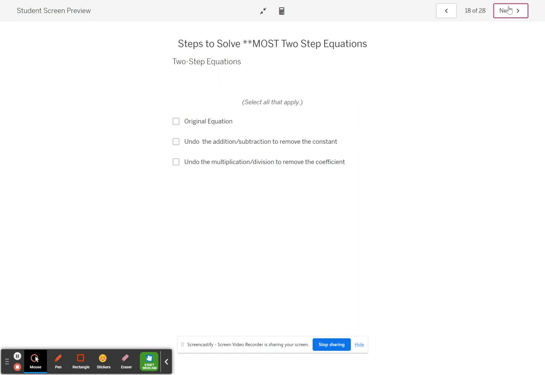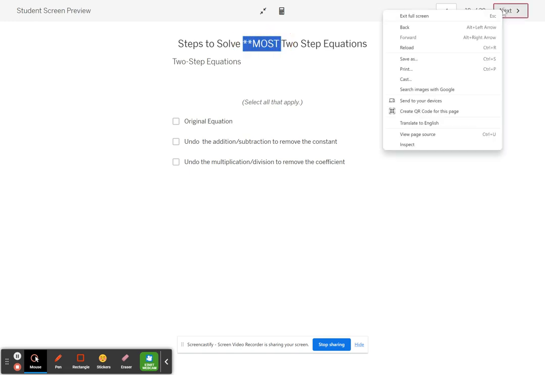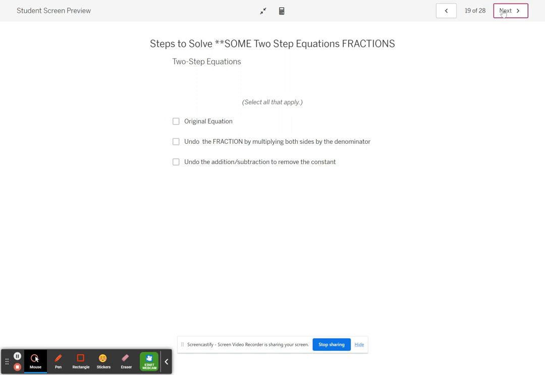And then undo the addition, subtraction first, and then multiplying and dividing. So notice this asterisk right here. It says most two steps. Sometimes, especially later on in the slides, you will get to undo the fraction first.